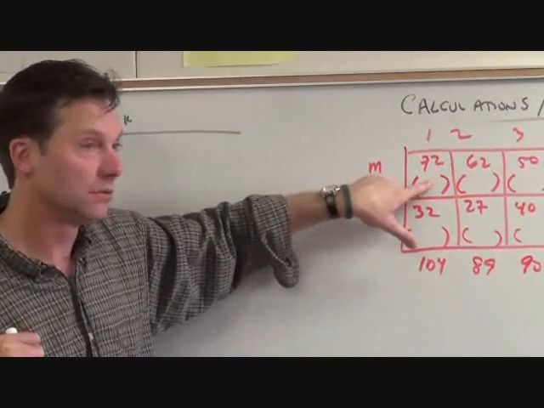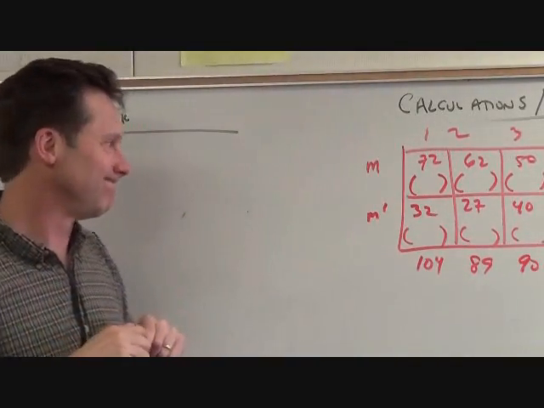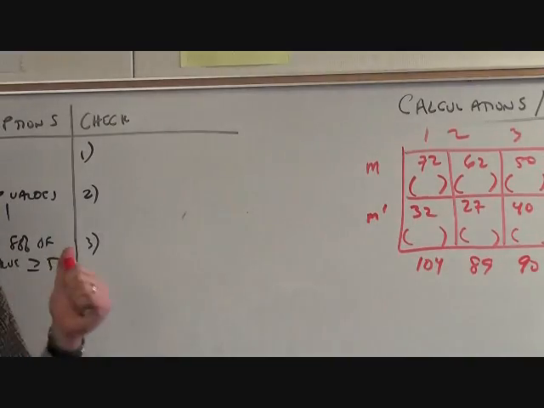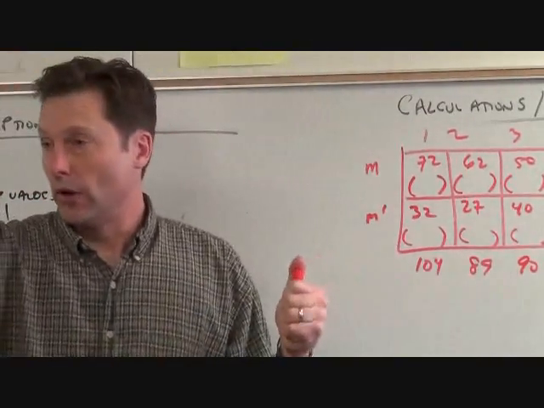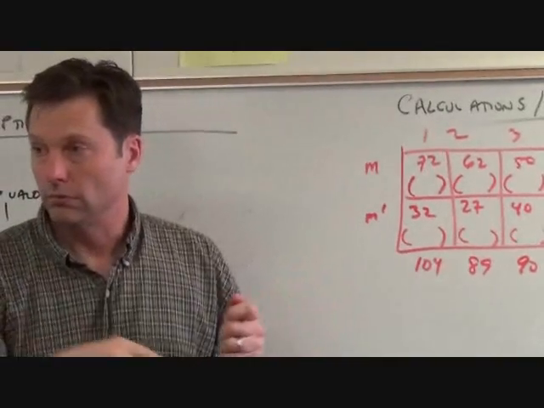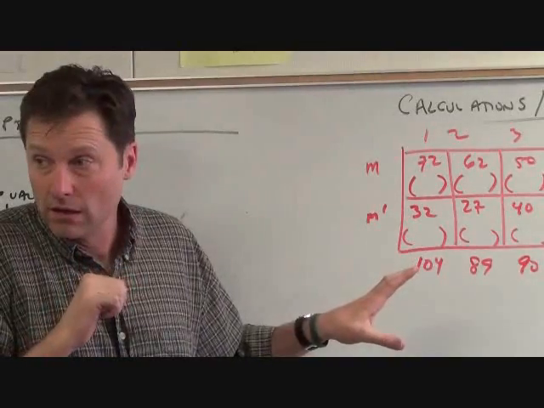How'd you get this? How many do you expect them to make? What are you doing? 72 over 347. He happened to make 72. That has nothing to do with how many we expect him to make. What'd you do? N times P-hat weighted. So what would be the N?